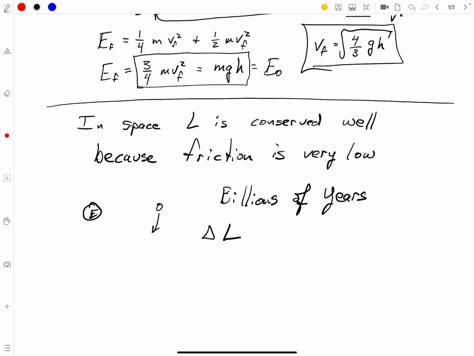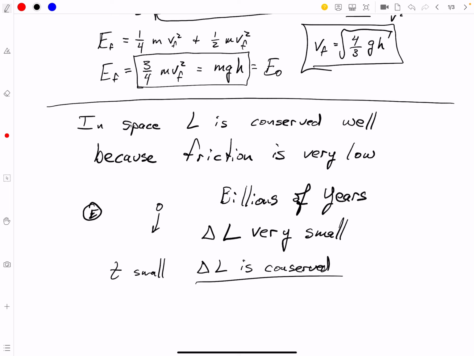Delta L will be very small. So yes, delta L is hardly ever conserved, but if you look at a small enough time, if t is small, then delta L is conserved in space, because friction is very low.